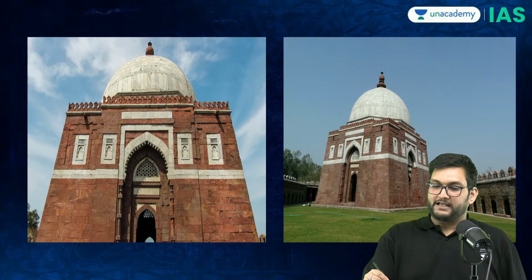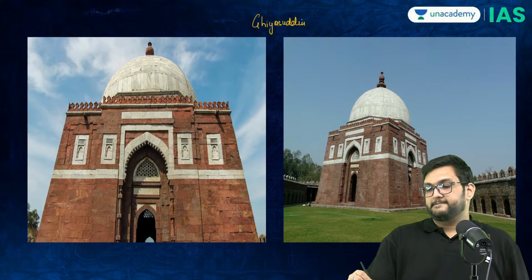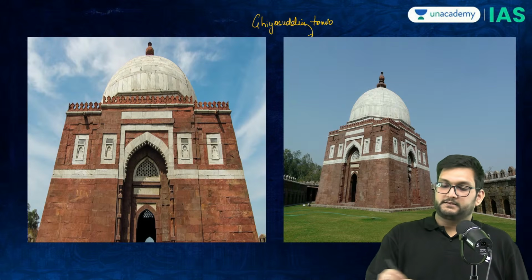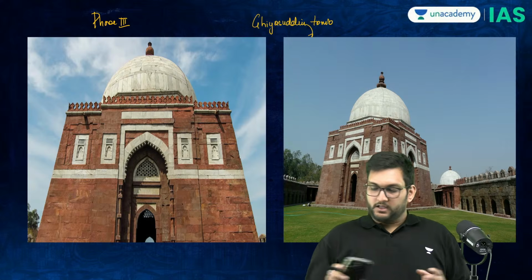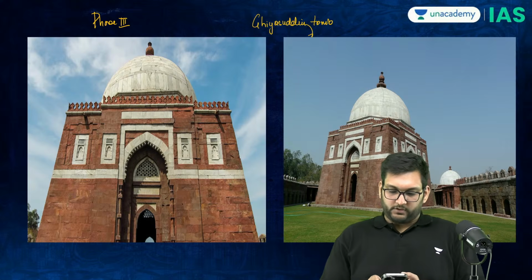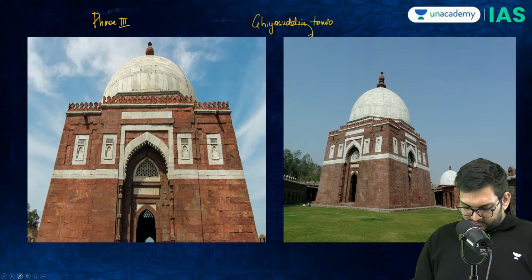So this is Ghiyasuddin Tughlaq's tomb. This is phase 3. You will see all the elements which I've talked about. First, the marble dome.